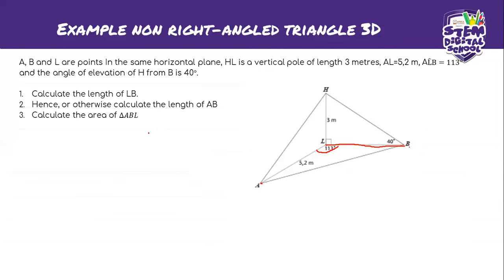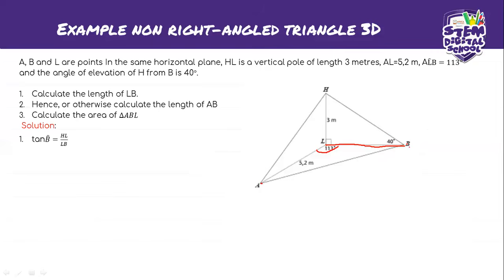Now, we are going to calculate it, and let's see how to calculate that. Number one, we have tan angle B equals to what? HL over LB. Let's see why they've used tan. If you check this triangle, HLB is a right angle triangle.